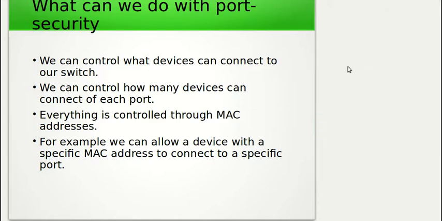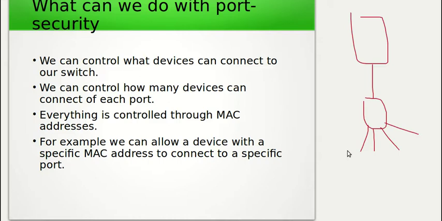So to demonstrate this, imagine we had a switch-to-switch connection over here, and let's say we had 4 devices: PCA, PCB, PCC, PCD. Let's say we configure port security on switch 1, and specifically on this interface over here. Now we limit this interface to 3 MAC addresses. This means that we can have 3 trusted devices that connect off this port.